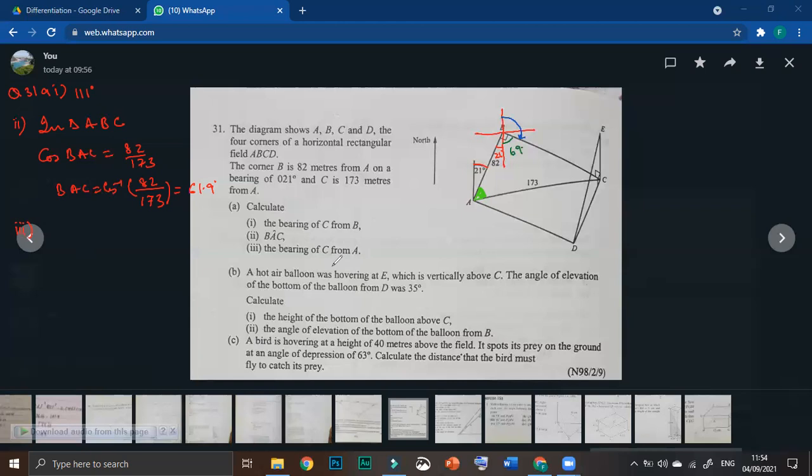A. We will stand at the north at A and move in a clockwise direction up to the line AC. Now, what is this angle? What is this blue angle?